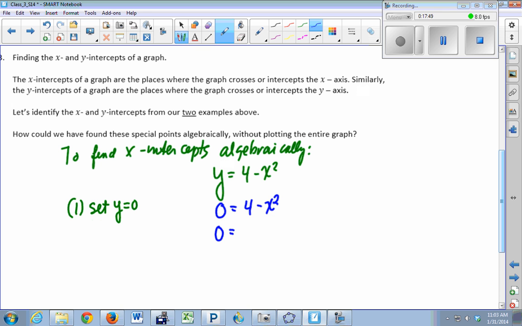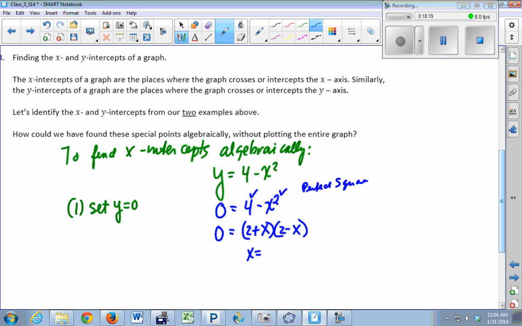And a lot of times people just look at that and say 2. They always forget the other one. So to be safe, factor this, because this is a perfect square and that's a perfect square, and if you remember, these can be really easy to factor. 2 times 2 gives you 4. x times x gives you x squared, a plus and a minus. This way you're guaranteed never to forget both of your solutions and both of your x-intercepts.